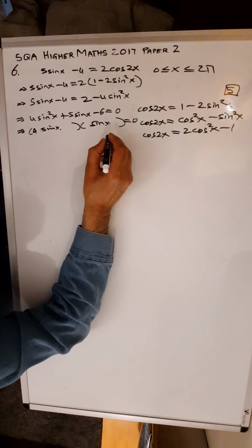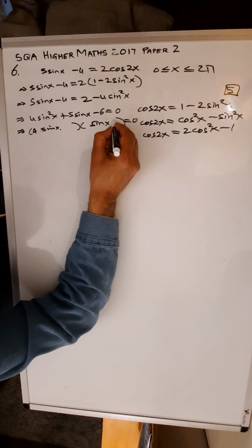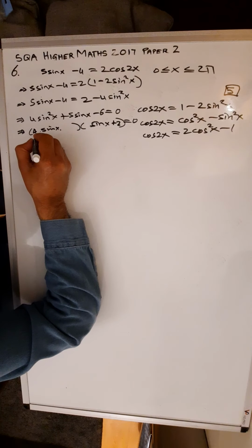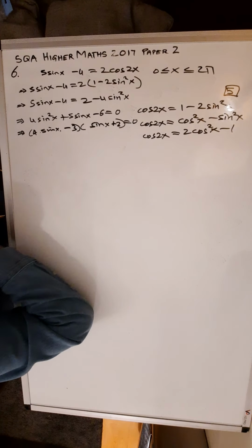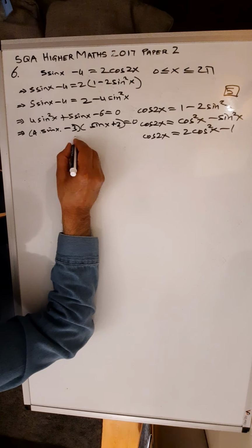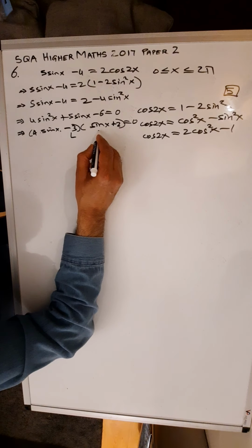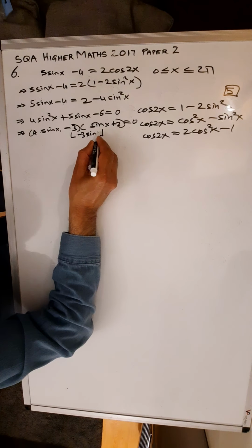Now, if you put the 2 here, plus 2, that's going to multiply with this to give you 8 sin x, and putting the 3 here would take the 3 sin x away. So what you have here now is minus 3 multiplies with this sin x to give you minus 3 sin x.